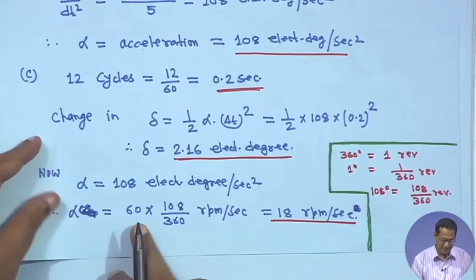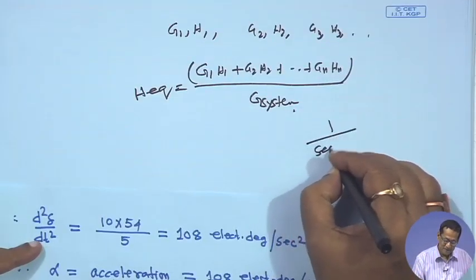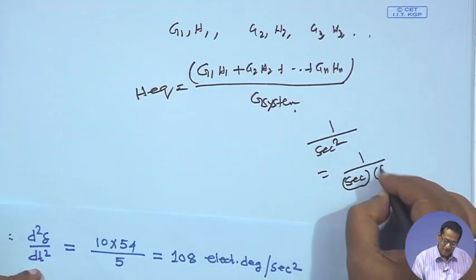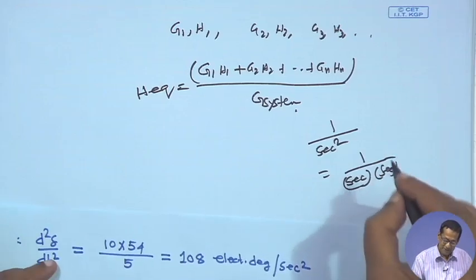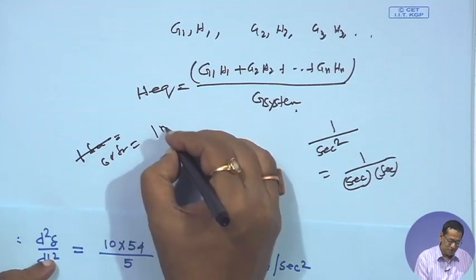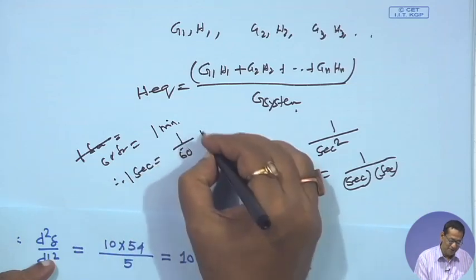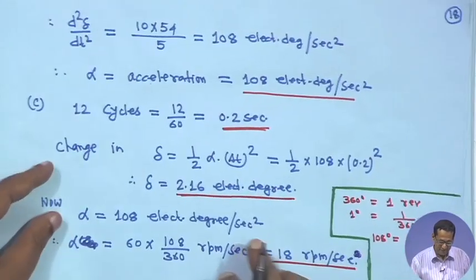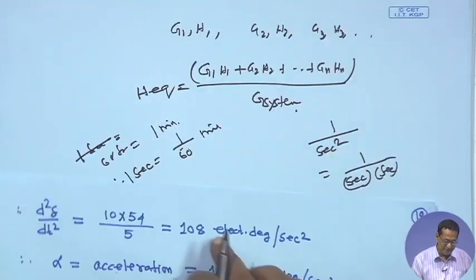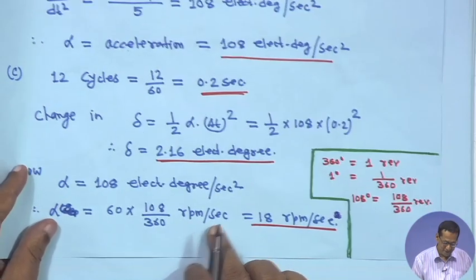When you write it like this, that is 1 upon second into second. 60 seconds is equal to 1 minute, so 1 second is equal to 1 by 60 minute. Putting 60 in the denominator, 60 will go up.